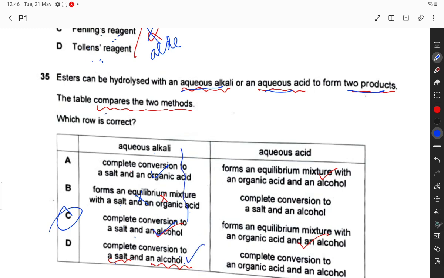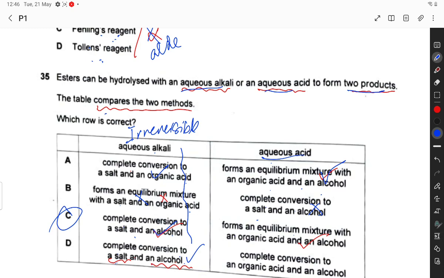So these reactions are reversible, irreversible. All reactions are irreversible. Forms an equilibrium mixture with an organic acid and an alcohol with aqueous acid. Complete conversion to a salt and an alcohol is incorrect because this is not complete conversion.